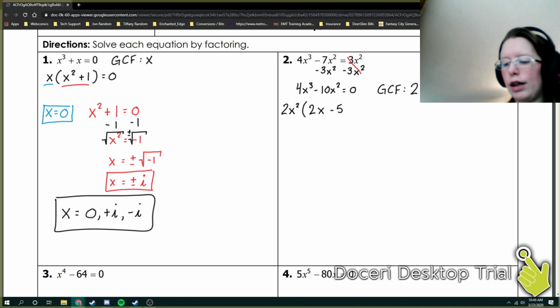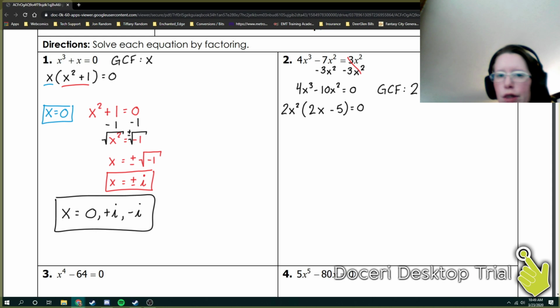And if I take out all the powers of x, I won't have any x's left, equal to 0. So now we've got it factored as much as we can. Both of these were greatest common factors. Some of them are going to be box method, some of them are going to be difference of squares. It's all going to vary a bit.